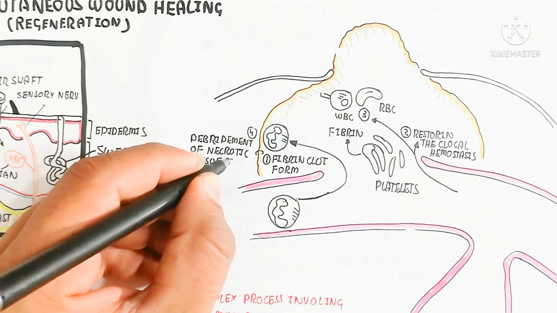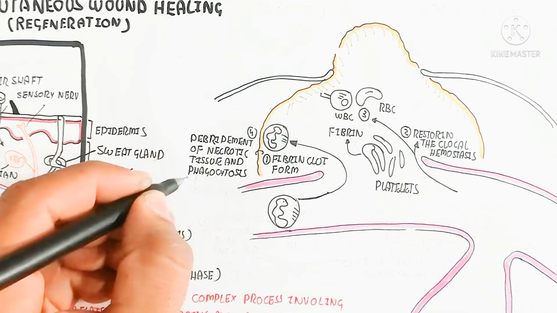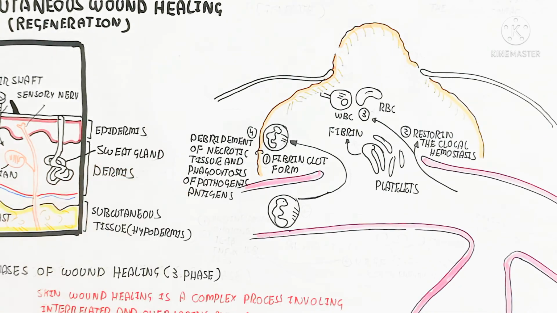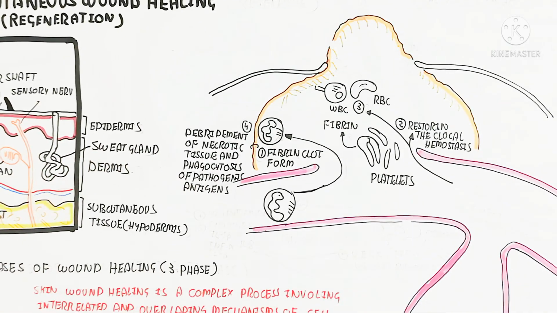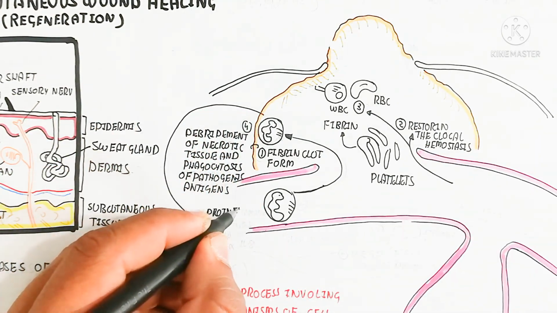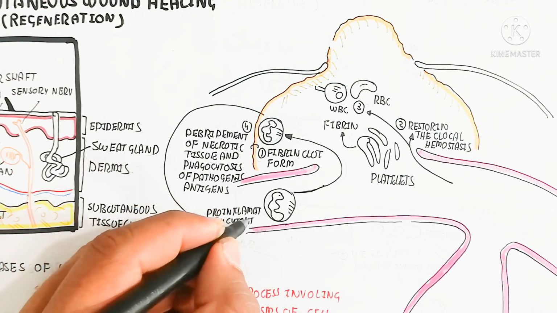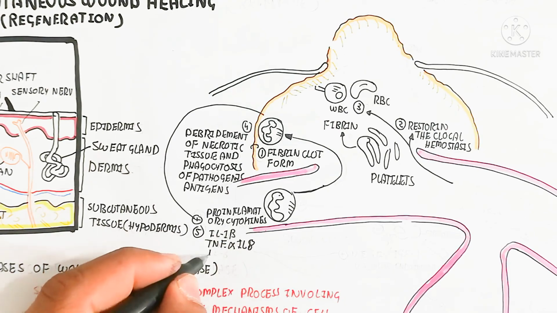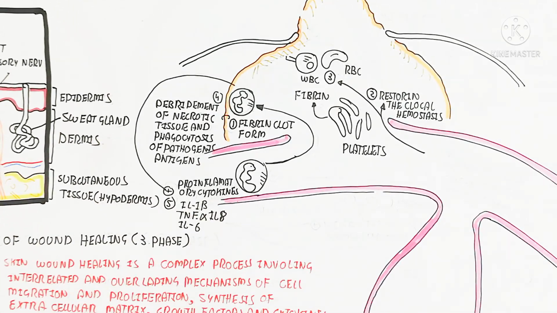This collagen is deposited at the clotting site, and here is the debridement of necrotic tissue by the neutrophil. The neutrophil will move inside. That is step 4: the necrotic tissue and phagocytosis of pathogen and antigen through a neutrophil. The neutrophil is the innate immune response.